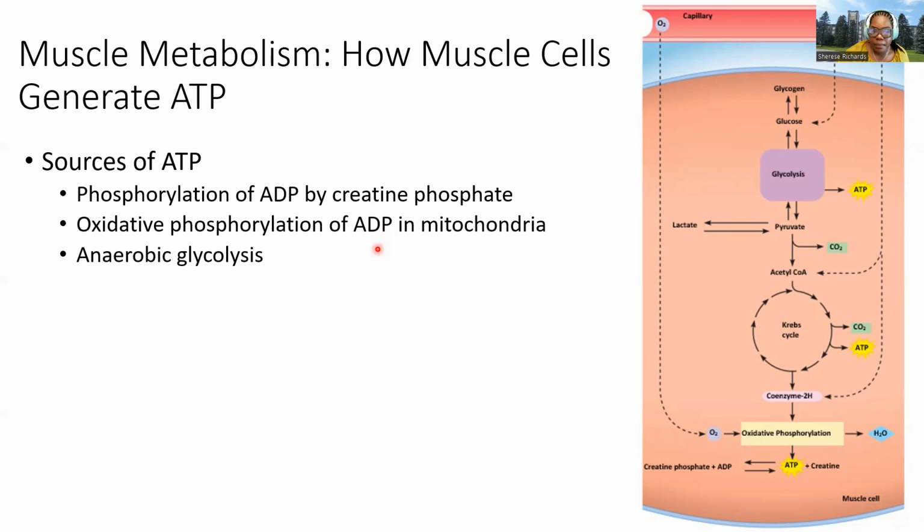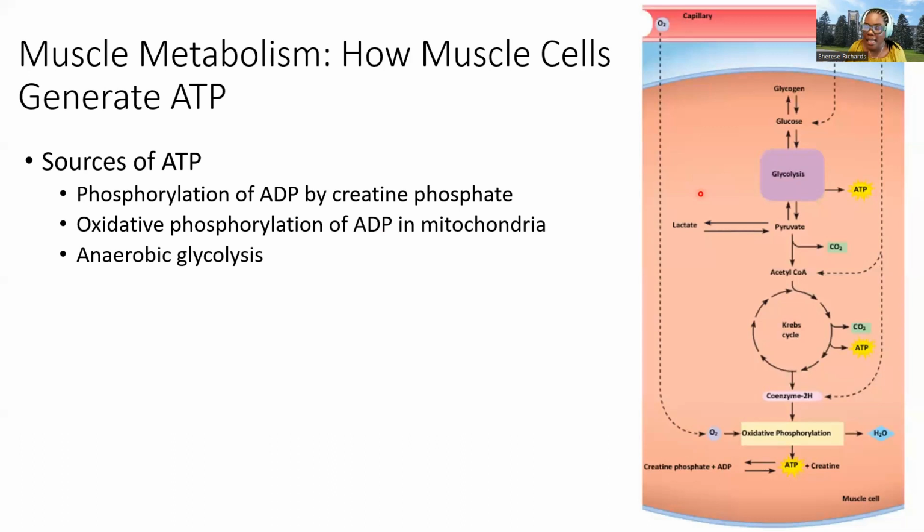And then the third mechanism here is anaerobic glycolysis. This is what gives us a smaller amount of ATP. This is substrate level phosphorylation. This is only going to be able to give us ATP, but there's going to be a price to pay that we speak about. There's going to be lactic acid buildup as a byproduct of that, as you can see here.